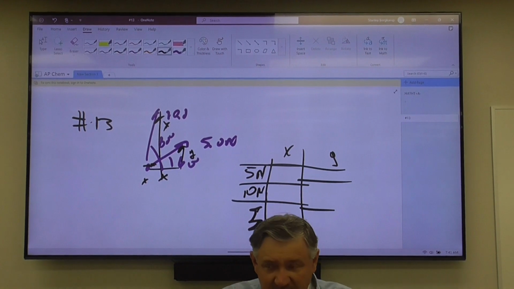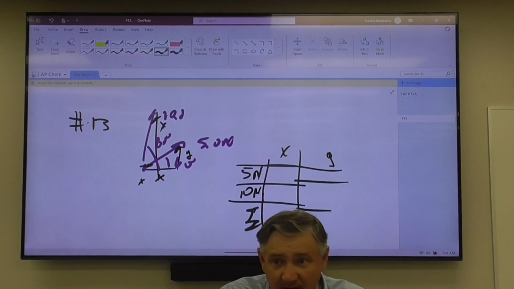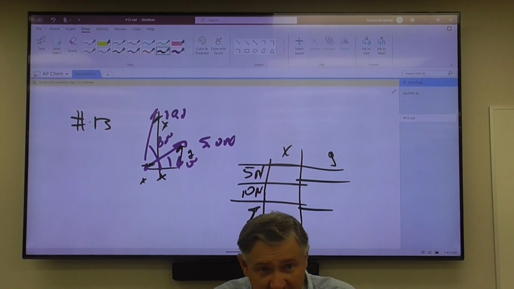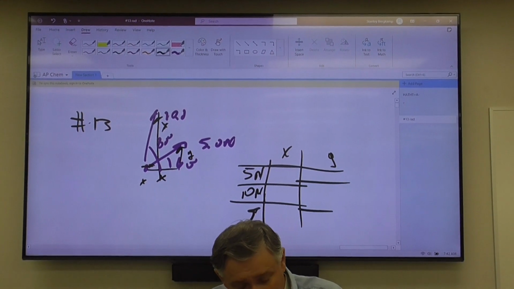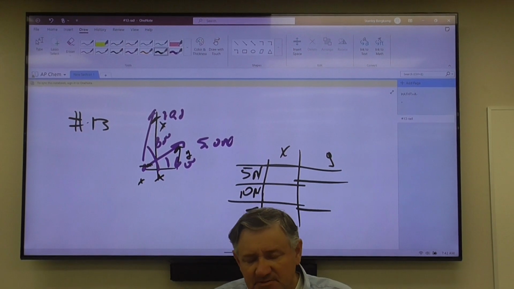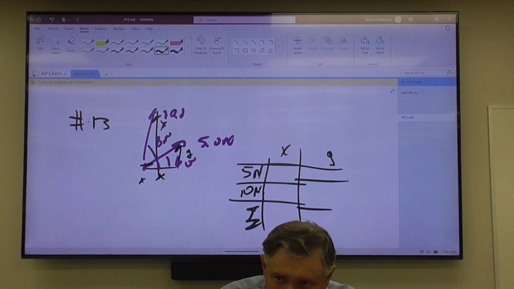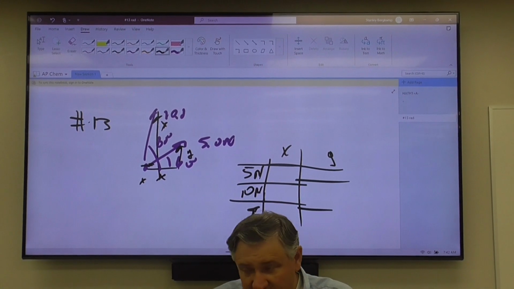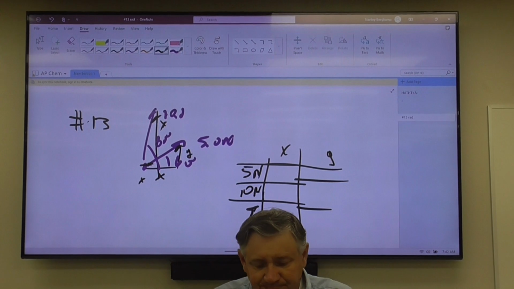It also makes it easy for me, in case something has gone south, I can look at it and ask, where did we screw up? Was it the X values? Was it the Y values? Was it the sum? Did you miss a negative sign? Now, this one's relatively easy because everything is in the positive first quadrant. So all your X's are positive, all your Y's are positive. You don't have to worry about anything like that.